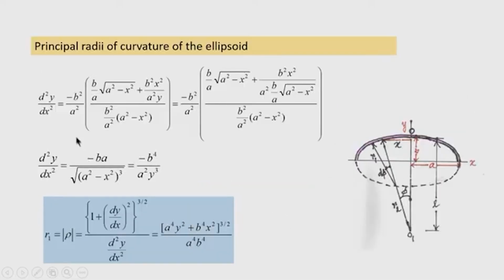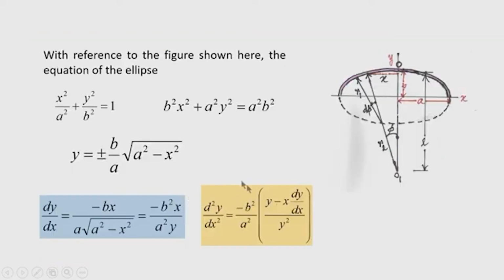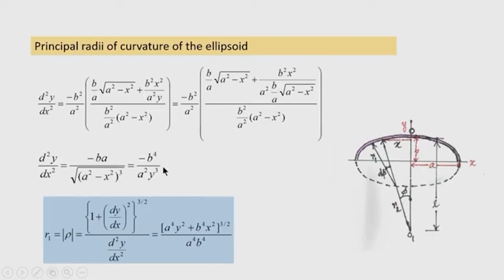Now, after several simplifications, that is, bringing in this y that we got here, and dy by dx that we got earlier, and y square we can now square, all these terms are substituted in this expression, and then after simplification we finally get d square y divided by dx square equal to minus b a divided by root over a square minus x square to the power 3.